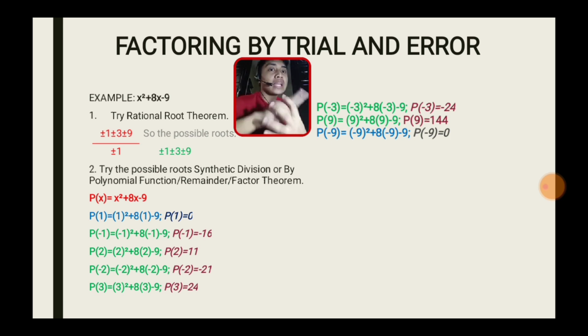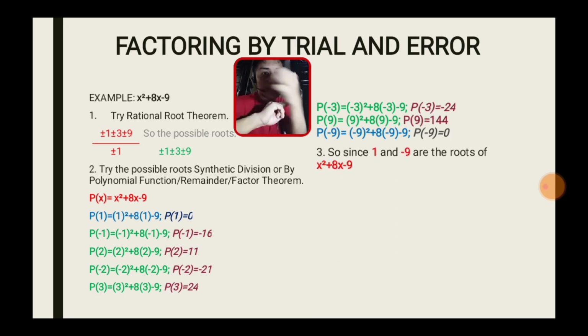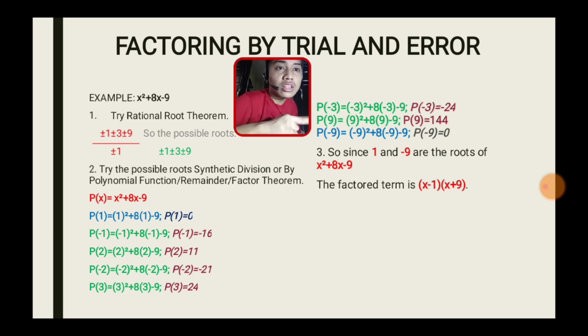Pero ang pakay natin dito is the factored form. Paano mangyayari? Since 1 and negative 9 are the roots of the given, the factored form is x minus 1 times x plus 9. Ginawa lang natin, di ba, x is equal to 1. Transpose lang natin yung 1 sa kabila at naging x minus 1.